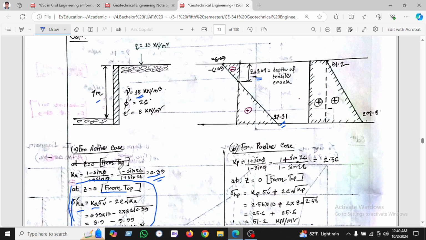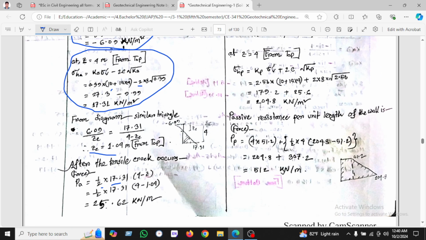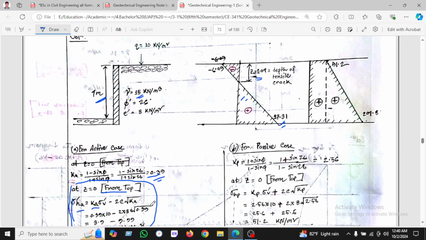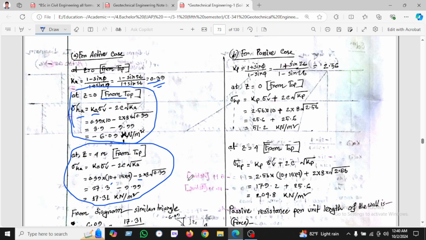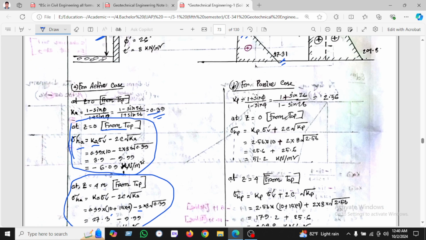We know the total value of 4, so z will be deducted because we are calculating this portion, and found 25.62 kilonewton. So this is the tensile force, 25.62. This is an answer.